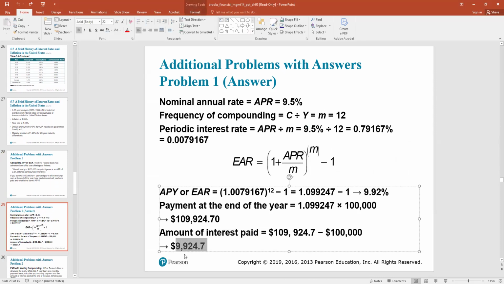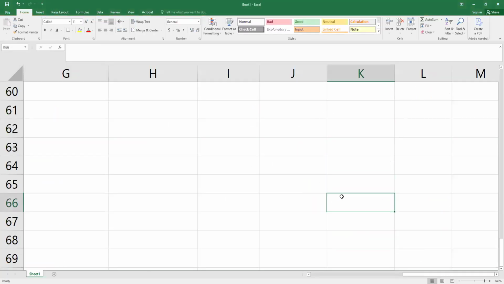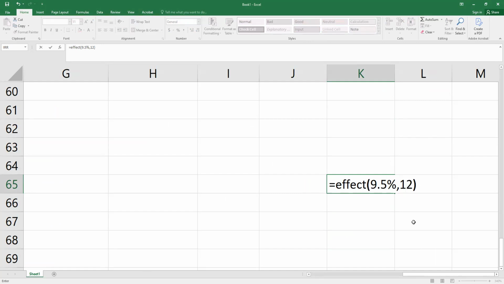That will be the total amount of interest paid with the effective annual rate. Again, if you just use Excel, I put EFFECT, nominal interest rate 9.5%, and monthly. So that's what you have.